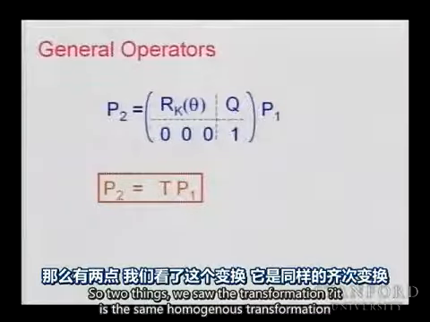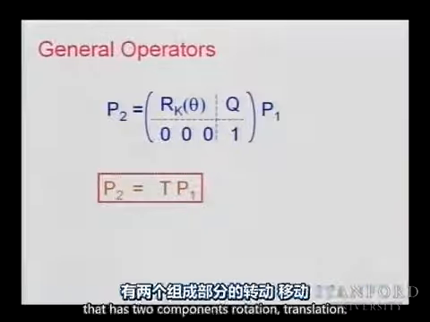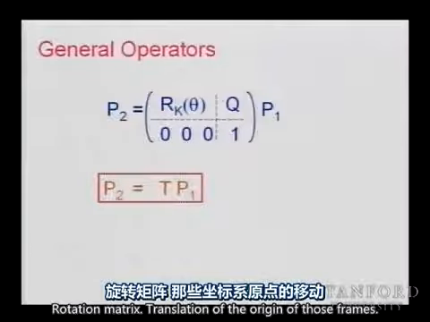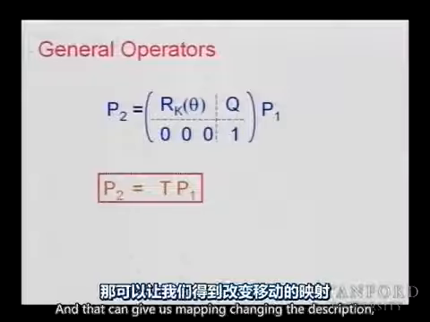So two things. We saw the transformation. It is the same homogeneous transformation that has two components: rotation and translation. Rotation matrix, translation of the origin of those frames. And that can give us mapping, changing the description.